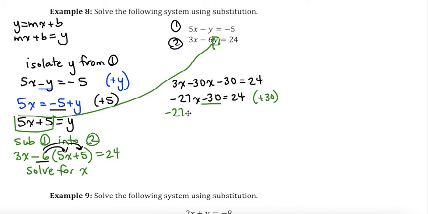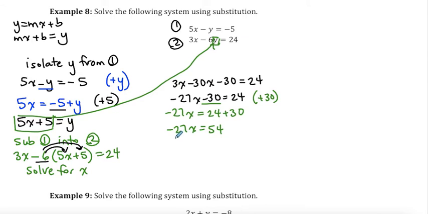So negative 27x. Negative 30 plus 30 is 0. Those two disappear. Then I'm left with 24 plus 30. Keep going. I have negative 27x equals 24 plus 30 is 54.